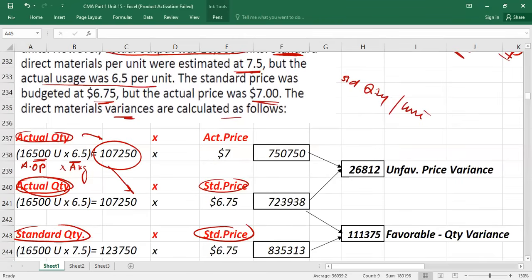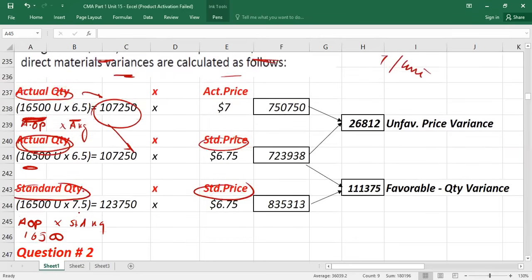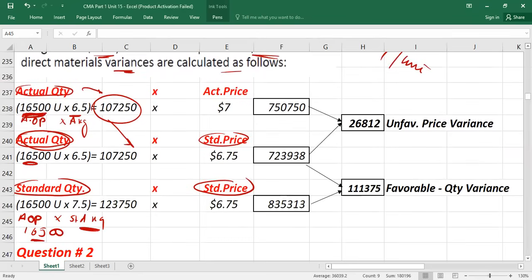Now I want to calculate standard quantity. Do you remember the formula? We will always take actual output into standard kg. Actual output is 16,500, which we have used here also. But standard kg I have to pick from the question.